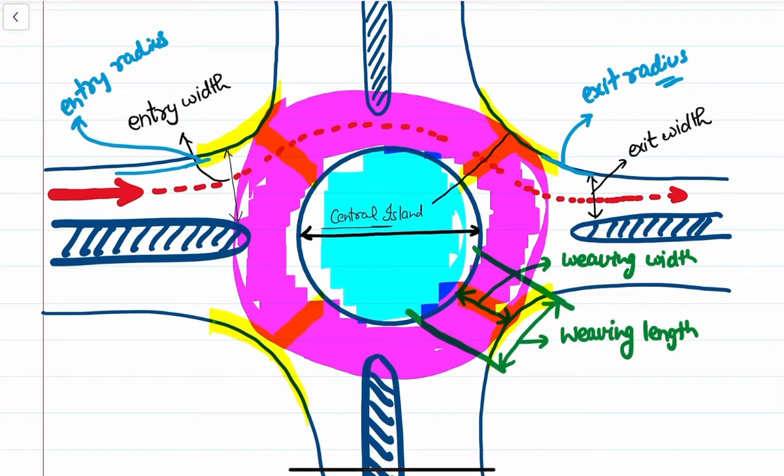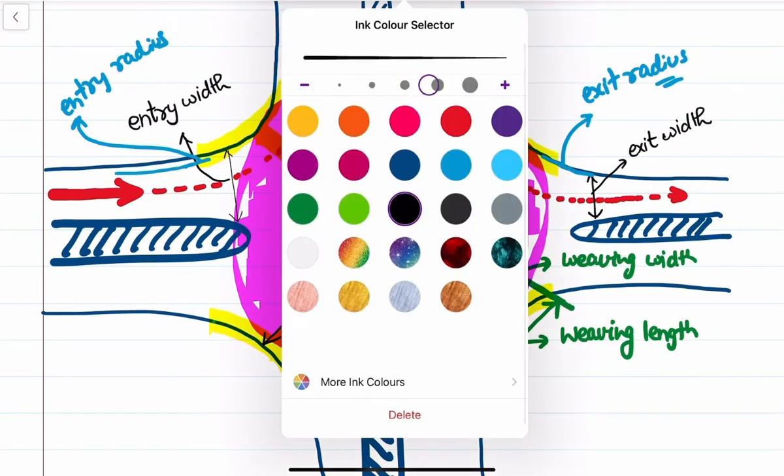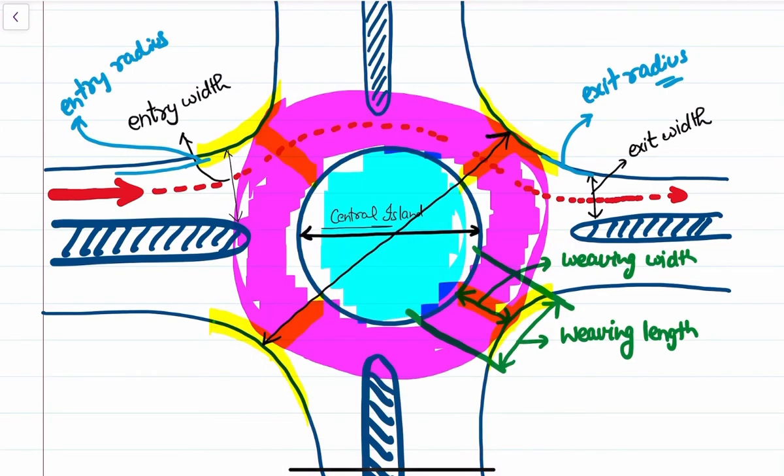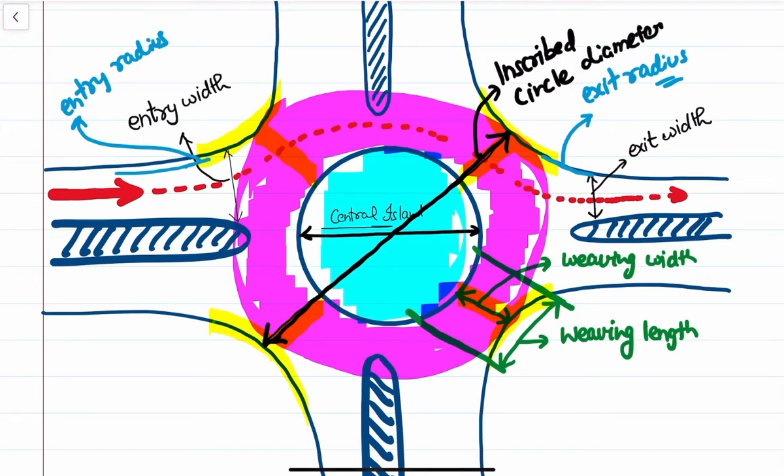So the diameter of this, right from here to here, the diameter from here to here is what we call the inscribed circle diameter. Inscribed circle diameter.